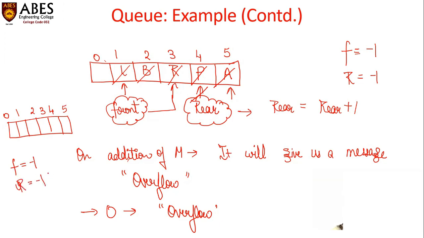And we want to do the insertion of Q. So for inserting any element, we have to first do front is equals to 0 as well as rear is equals to 0. Only then we can insert new element, which is Q. Now, front is pointing at 0 location, rear is also at 0 position.